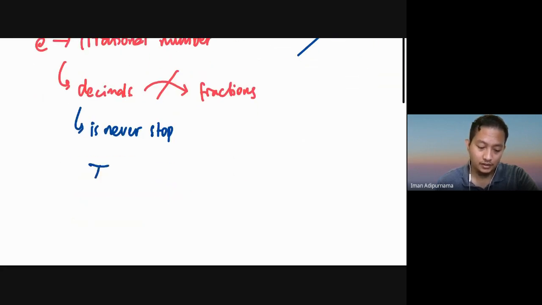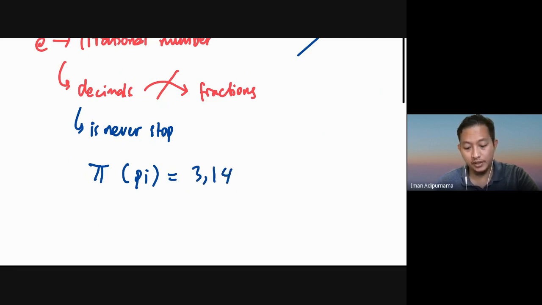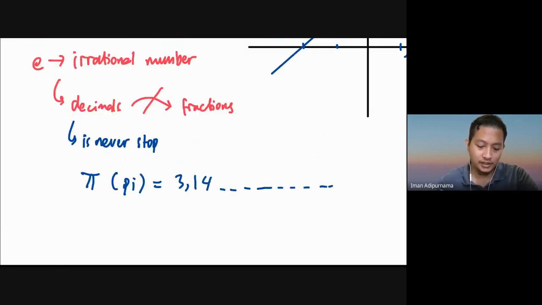Like pi, you have 3, but it's not 3.14, right? It's long numbers.